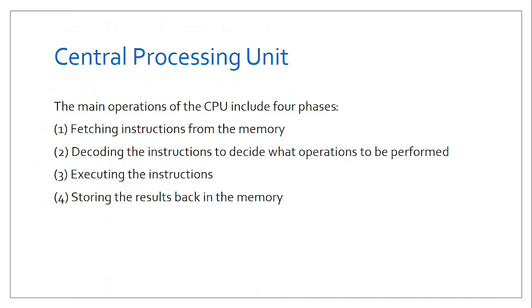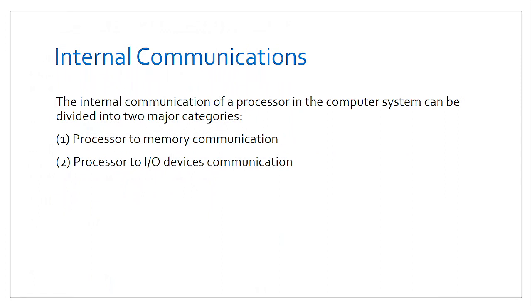So executing is another phase that we also need to understand. And once the instructions have been executed, then they can be stored in the memory. Some can be displayed within the output devices and so on. So again, we looked at the structure and we saw how various components interconnect.